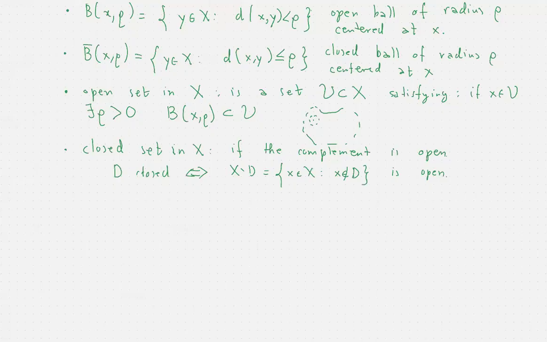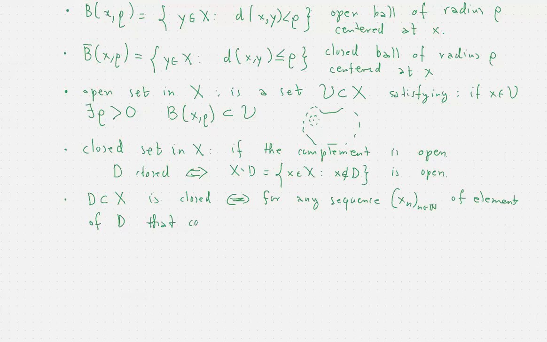So this subset D of X is closed if and only if for any sequence xn of elements of D that has a limit x, that converges, its limit belongs to D. So in other words, closed sets do not allow their sequences to converge outside of them.